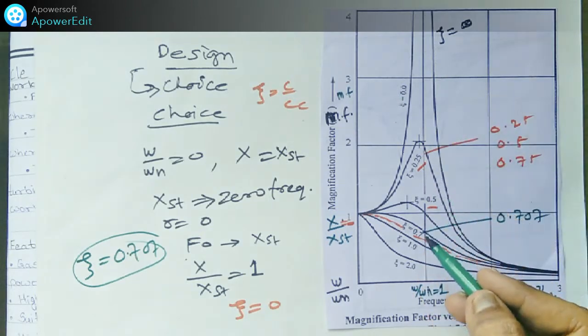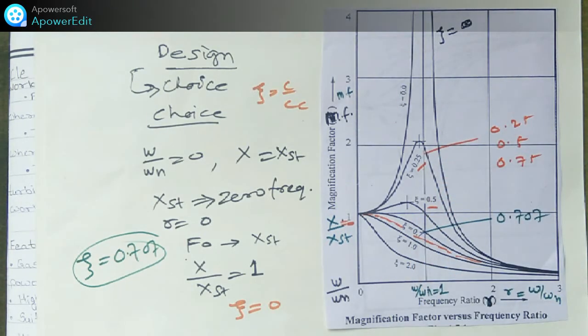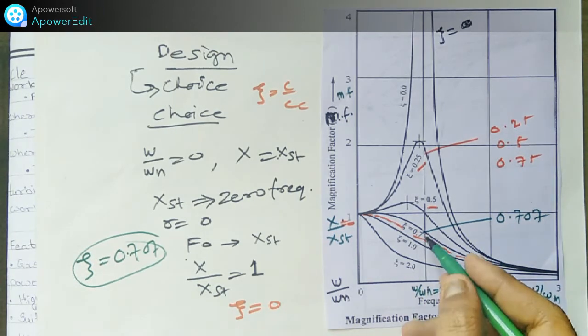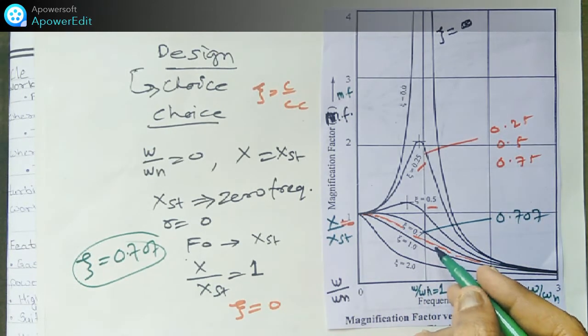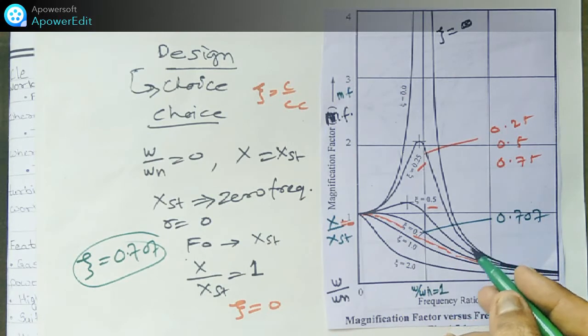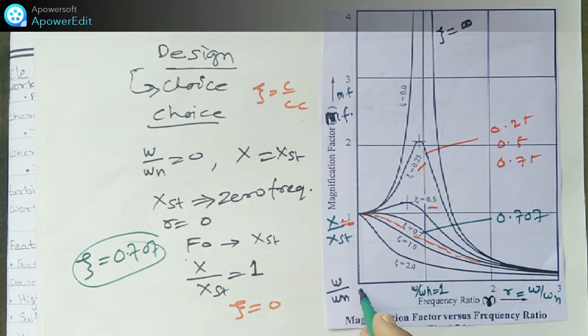No damping means zeta is 0, and at that time omega is equal to omega n, meaning this case here. In this case, what will happen? The magnification factor is unity for all values of damping factors.